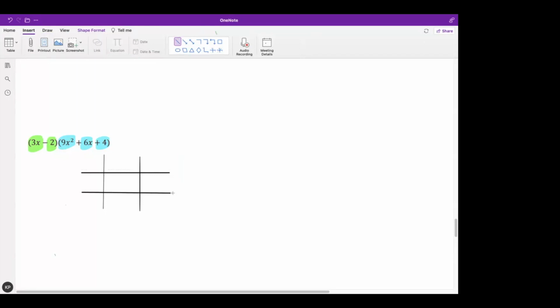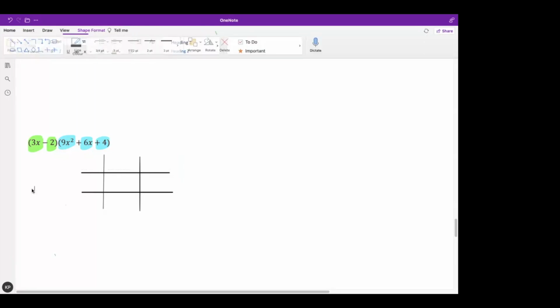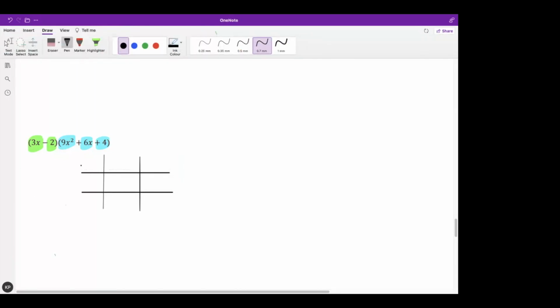There we go. Okay, so on this side, I'm going to fill in my binomial. So I'm going to fill in my 3x with my minus 2. Obviously, if you're doing this in a test, you will draw a proper table. But for now, this is just a tool to help us calculate.